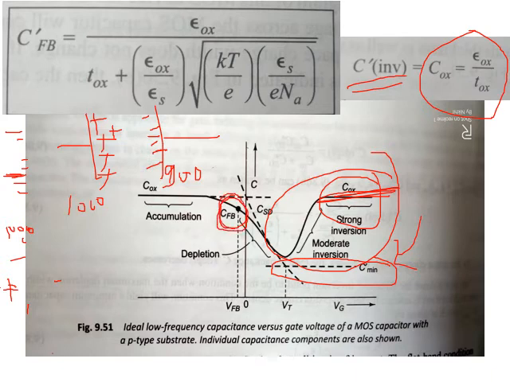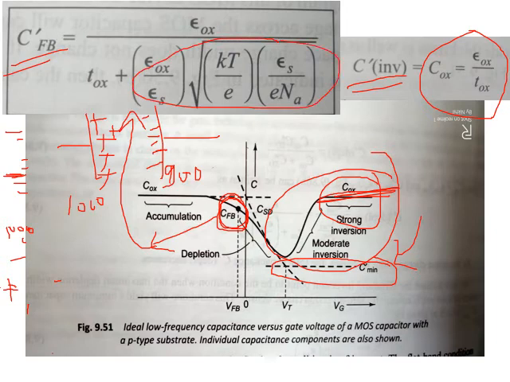It means that when there is neither accumulation nor depletion, it is in between. At that condition, we get one more capacitance formula, which is given by this. Basically we don't have the derivation for this equation. You have to remember this.